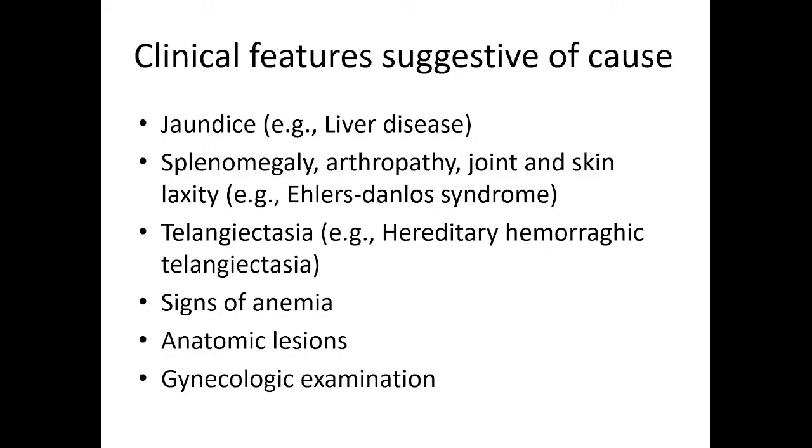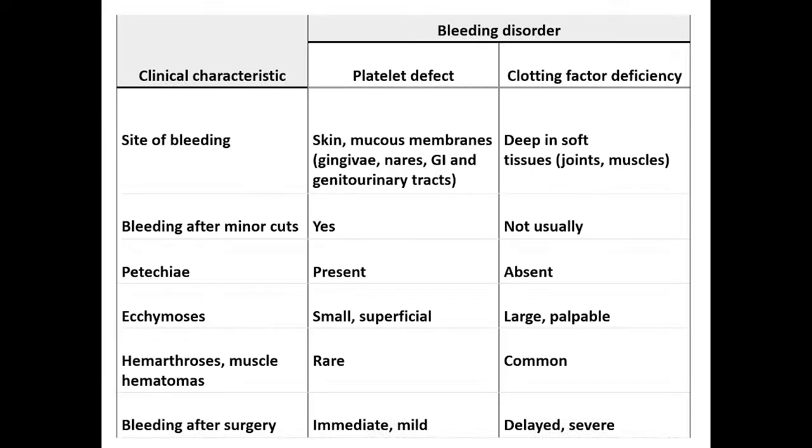If telangiectasia, then maybe it is a sign of hereditary hemorrhagic telangiectasia. We should also see signs of anemia, because bleeding may cause anemia. Anatomic lesions we should see, which may lead to bleeding. Then gynecological examination if menorrhagia is there.